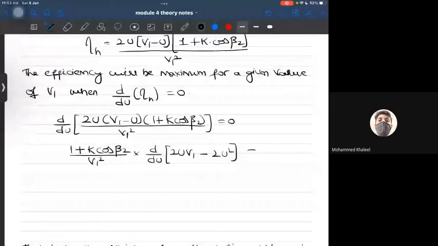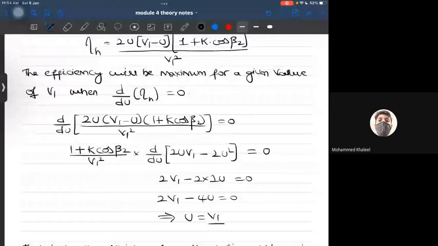Differentiating 2U V1 gives 2V1, minus the differentiation of 2U square, that is 4U, equal to 0. So from 2V1 minus 4U equal to 0, it is very clear that U should be equal to V1 divided by 2.